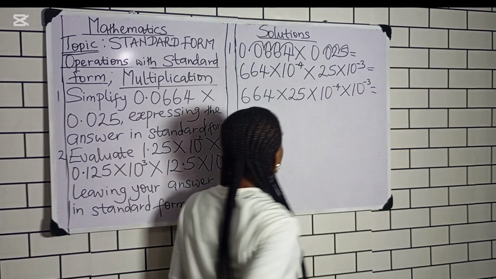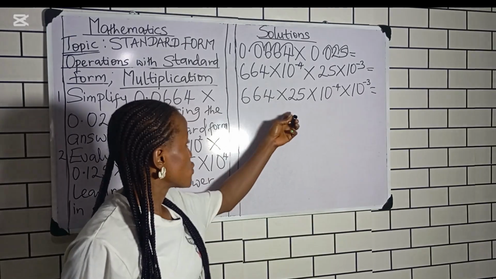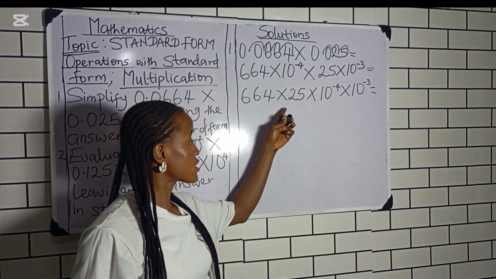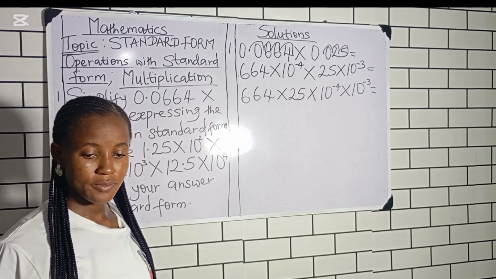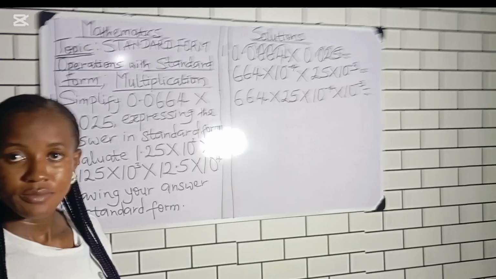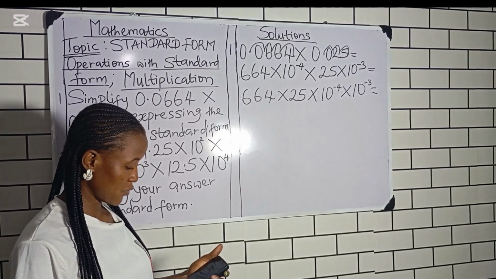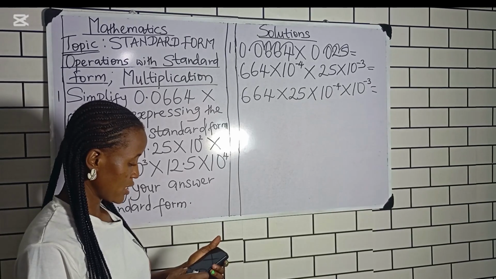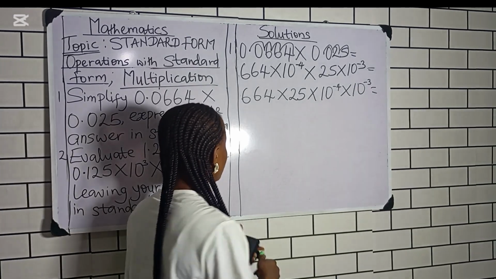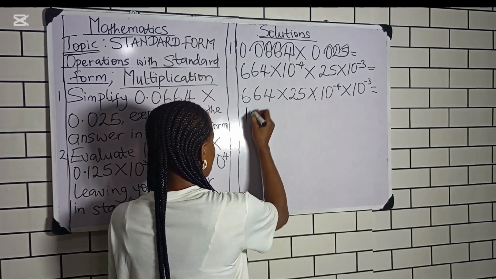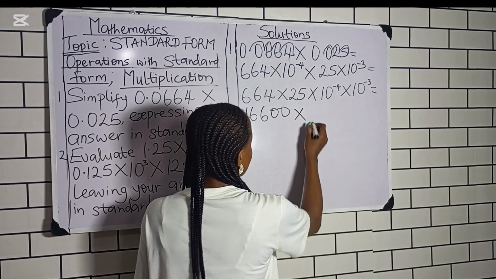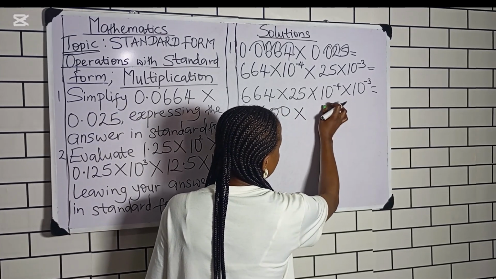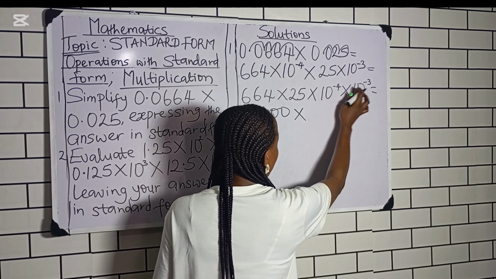This is equals to, we're going to multiply out these two terms. 664 times 25 will give us 16,600. 16,600 times, since the bases are the same and it is multiplication, we're going to add the powers of 10.